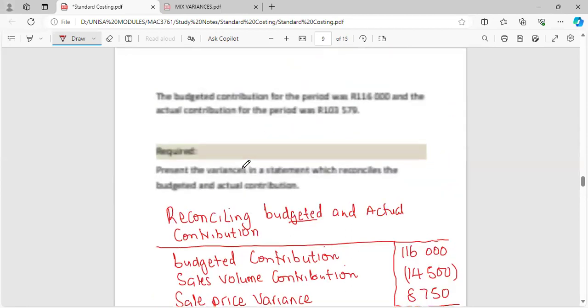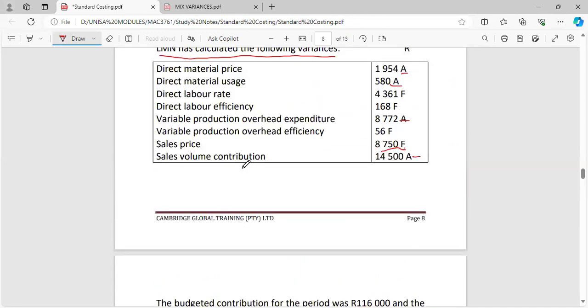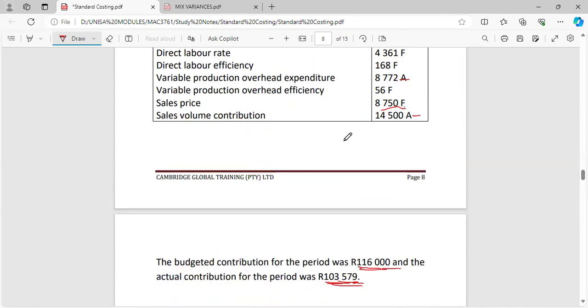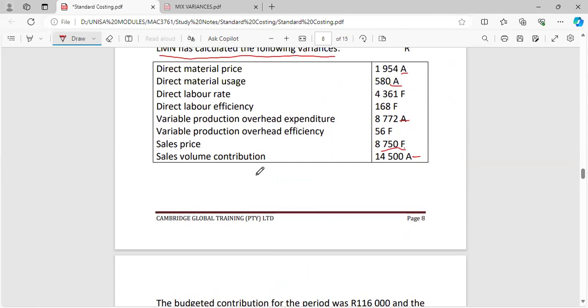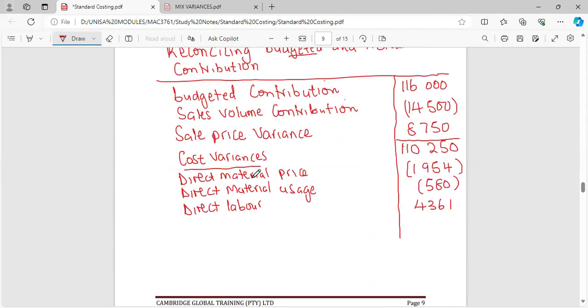Then let's look at another one, which is variable direct labor efficiency.